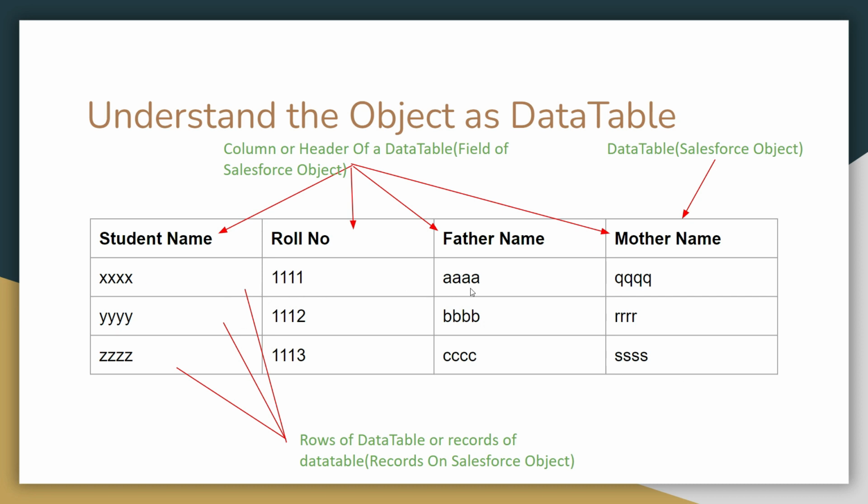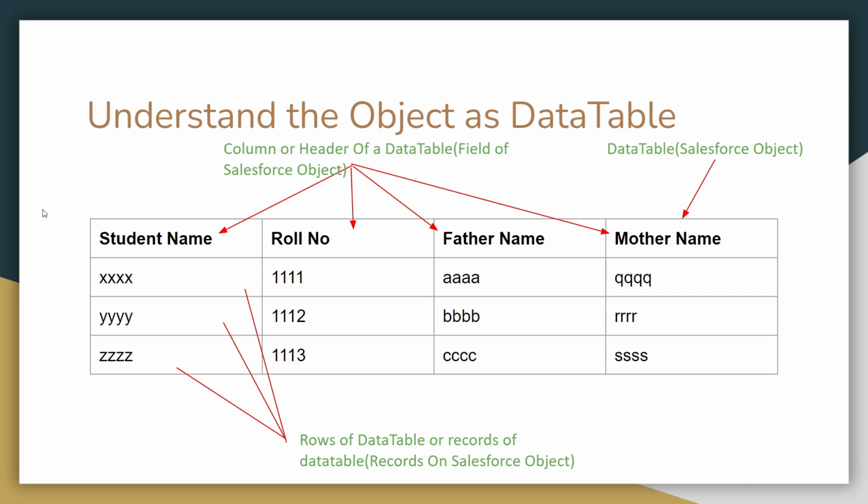And this is the information. We can say these are the records. We have three records in this table: one, two, three. All these rows are called records in Salesforce, and these column names are called the field names in our object.